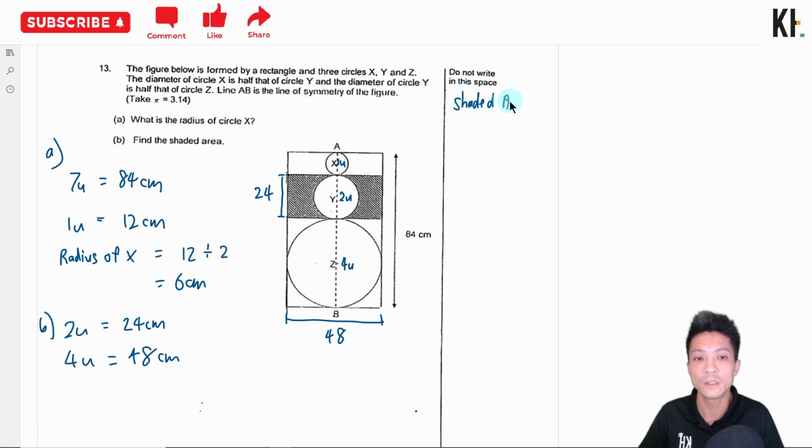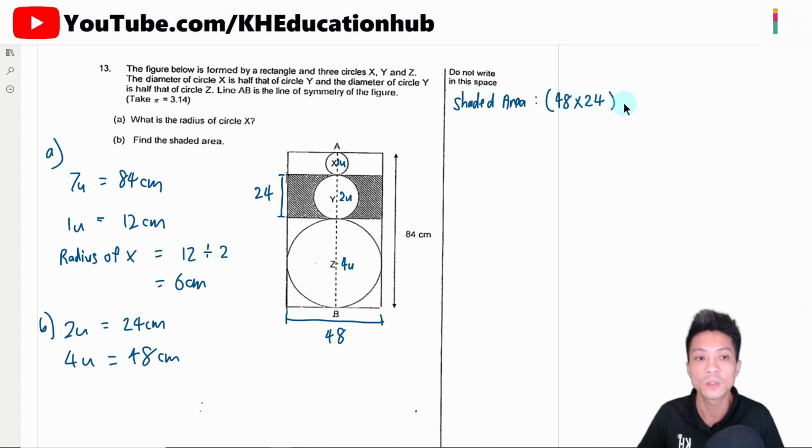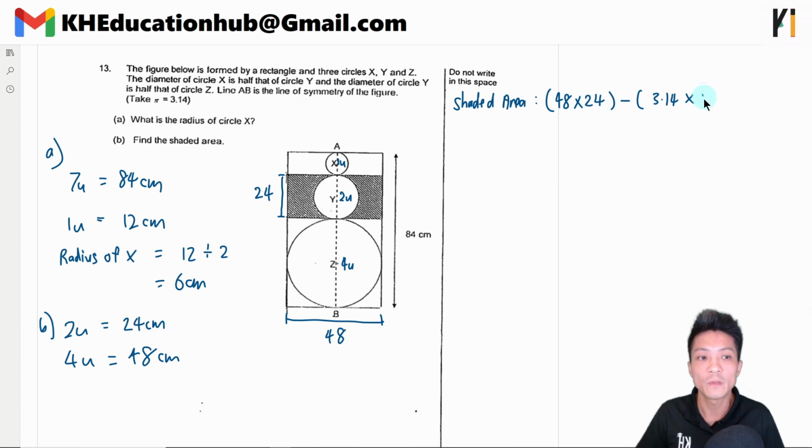So I'm going to use that to find the shaded area. I'm going to use the area of the rectangle, which is 48 times 24, and then I'm going to minus away the area of the circle. The area of the circle will be pi. I'm going to use 3.14, because the question states that pi equals 3.14. 3.14 times 12 squared.